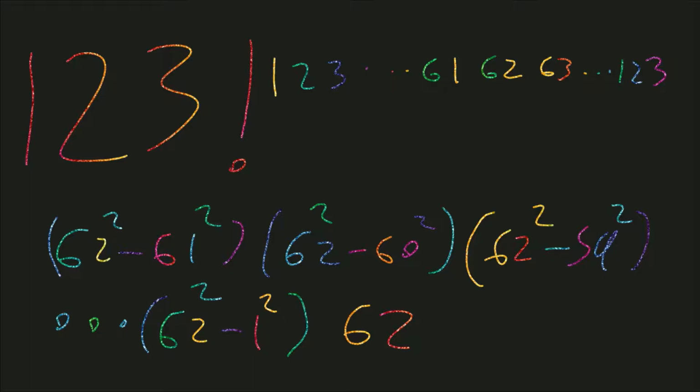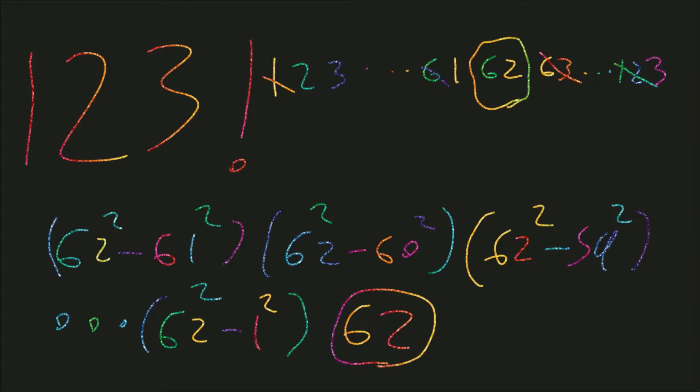If we apply the same operation for all pairs, we get this number series. 123 and 1 pair up, 2 and 122 pair up, and so on, all the numbers pair up, 61 with 63, and we won't get a number to multiply with 62, so we end up with a lone 62. So we have to put it there like that.